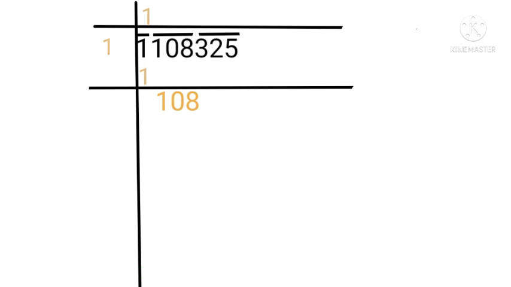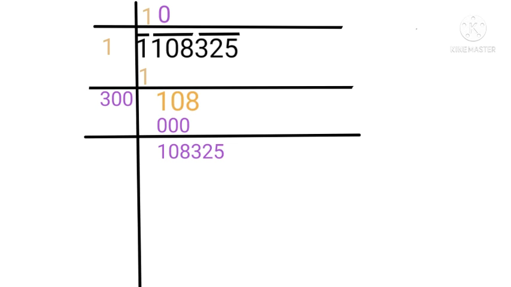Now in the divisor write 300 and in the quotient after 1 write that digit k, and carry out the division multiplying 300 with k. After division the remainder is 108, and after carrying down the next triplet 325, the new dividend is 108325. Now we have to follow the same procedure for finding the new divisor x plus y plus z.